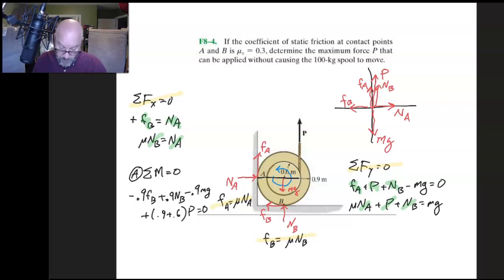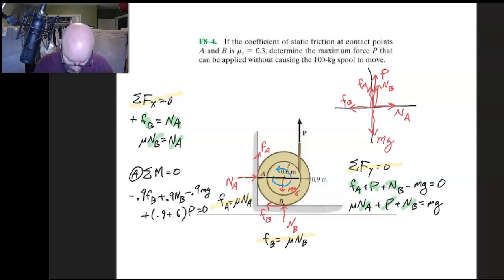Let me just double check. No moment from NA, no moment from FA. We got the moment from FB, the moment from NB, and the moment from P and the weight. Hooray, we're good to go there. Now let's do the substitution with FA and FB, well, just FB in this case.